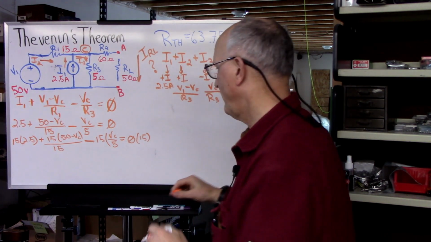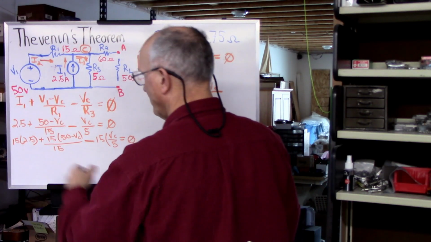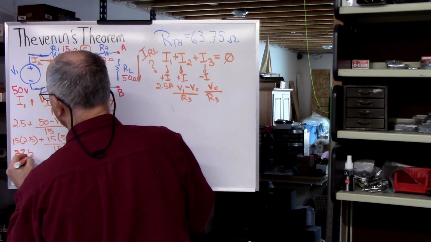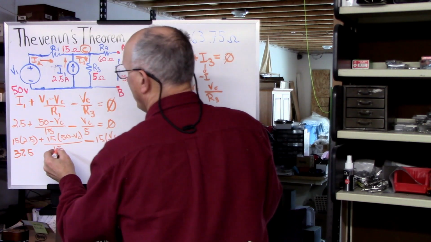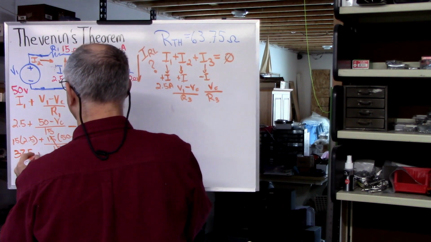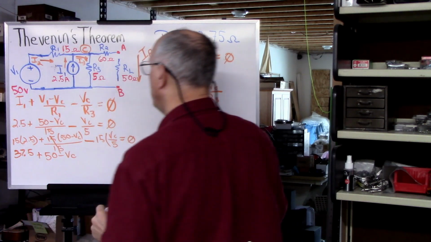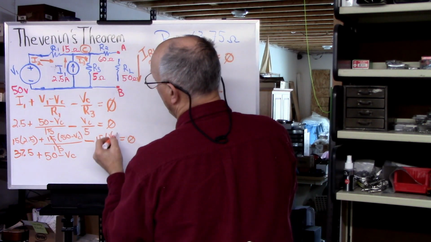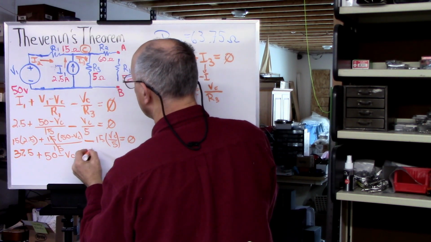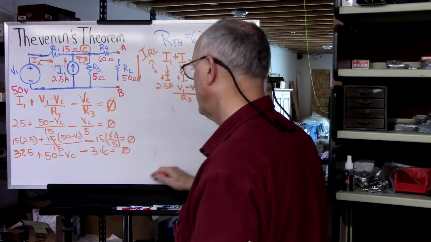Well, 0 times 15 is 0. 15 times 2.5 is 37.5. We have 15 divided by 15, so that's a 1, so now we say plus 50 minus VC. Here we have 15 divided by 5, that's a 3, minus 3 VC is equal to 0.